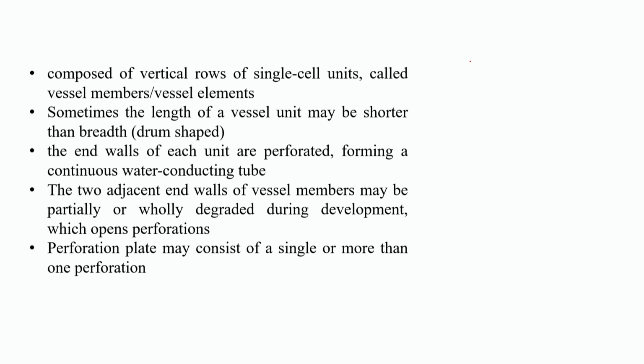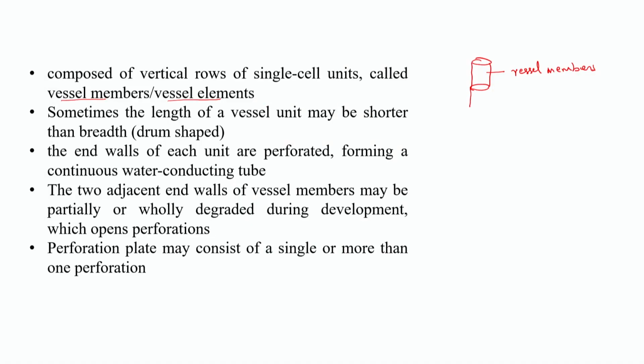Now each vessel is composed of single unit cells which are known as vessel members or vessel elements. Like a tracheid was a single cell, but vessels are made by joining unit cells which are known as vessel members.